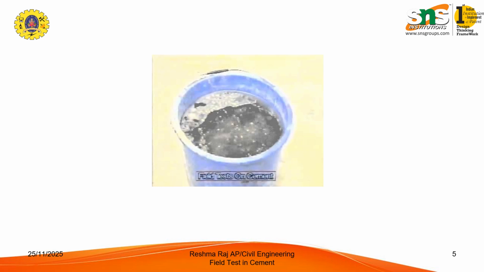If it initially floats and then gradually sinks, it suggests the cement is of good quality. This test helps assess the density and setting characteristics of cement. These are the simple steps that we have to do while we are doing the field test.